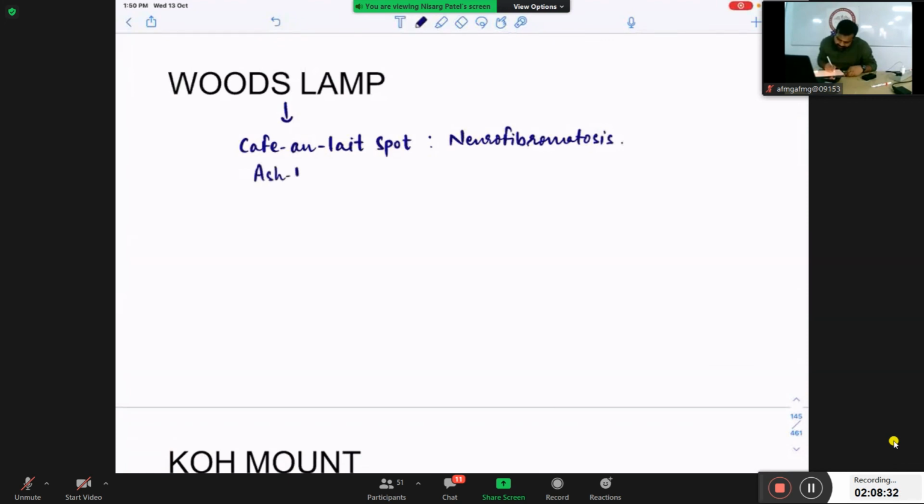The opposite is the ash-leaf macule, which is seen in tuberous sclerosis.